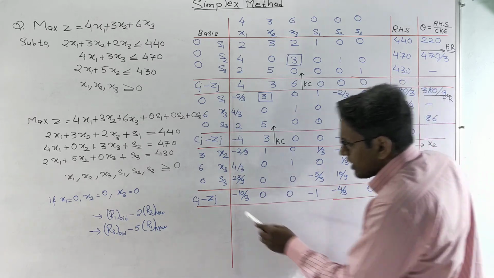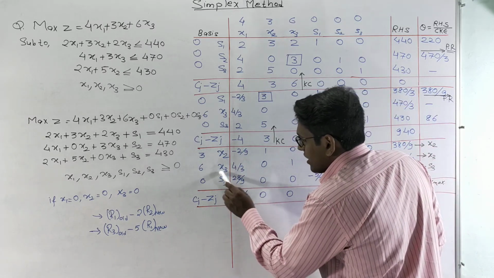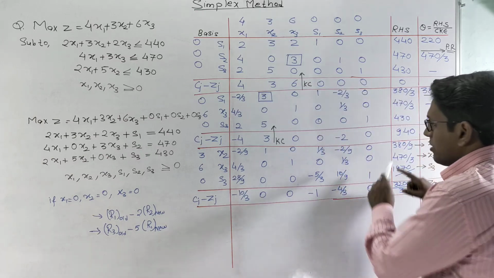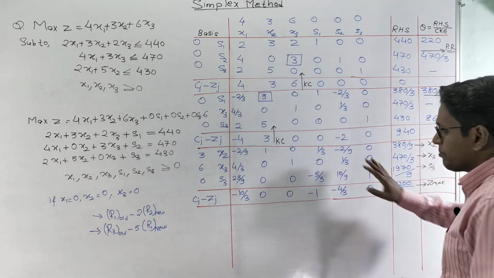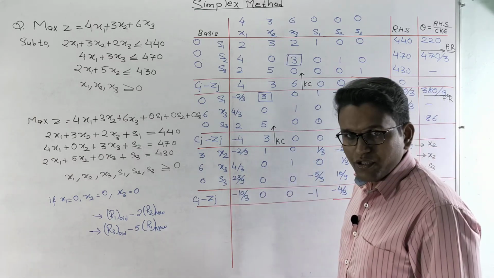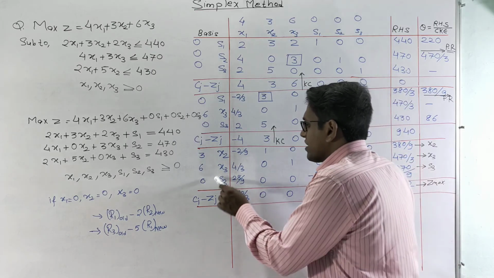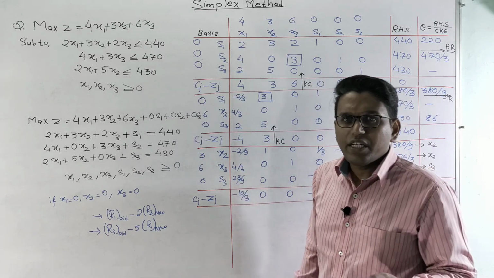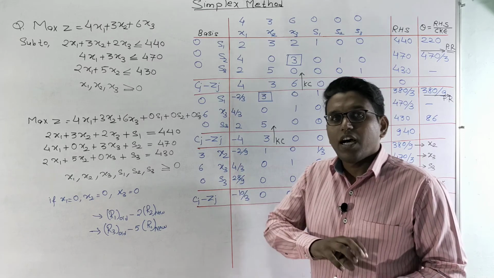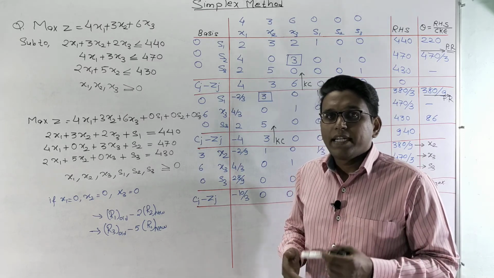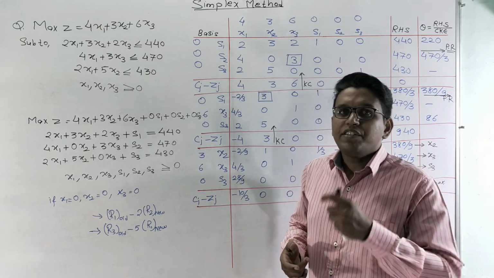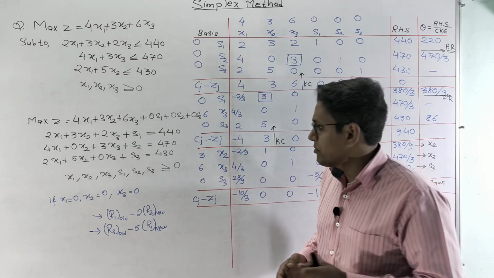Here we can see that variable s3 is a part of the final matrix and it is appearing in the final solution. So we can say that the surplus variable and slack variable both are part of the problem and they need to be treated as we treat our decision variables.